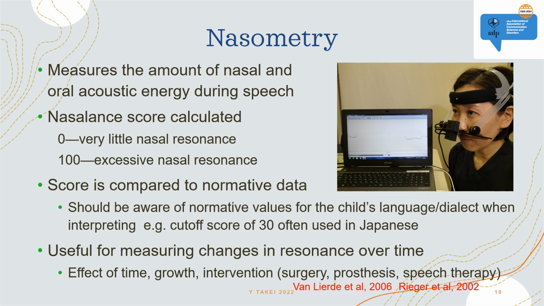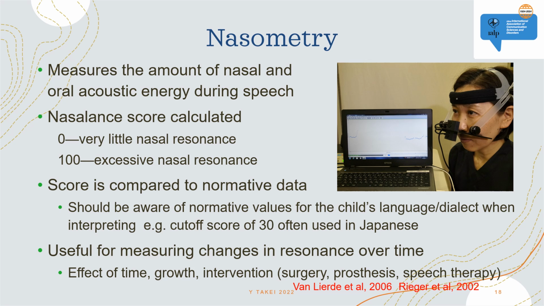The score is compared to the normative data, but the nasal values can vary considerably across different languages and regional dialects. For example, in Japanese, a cutoff score of 30 is often used.